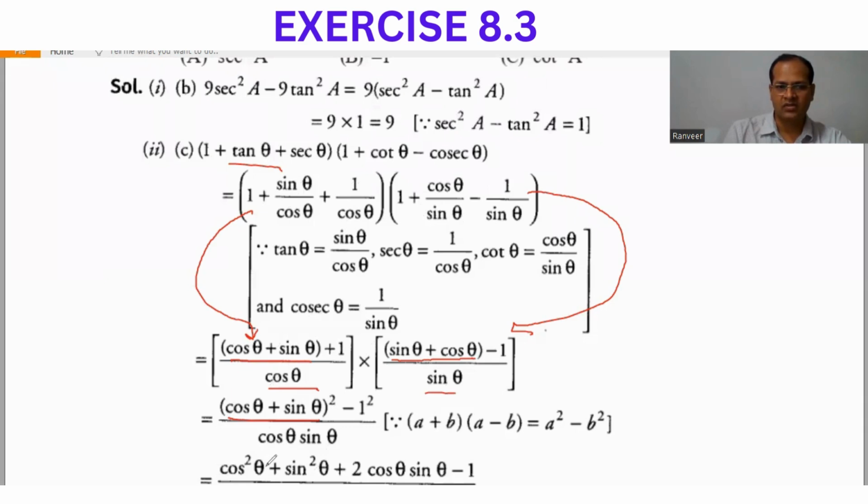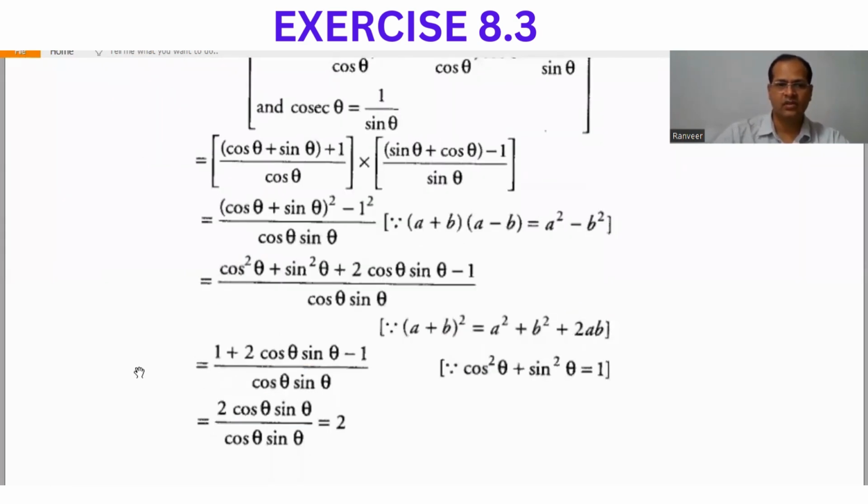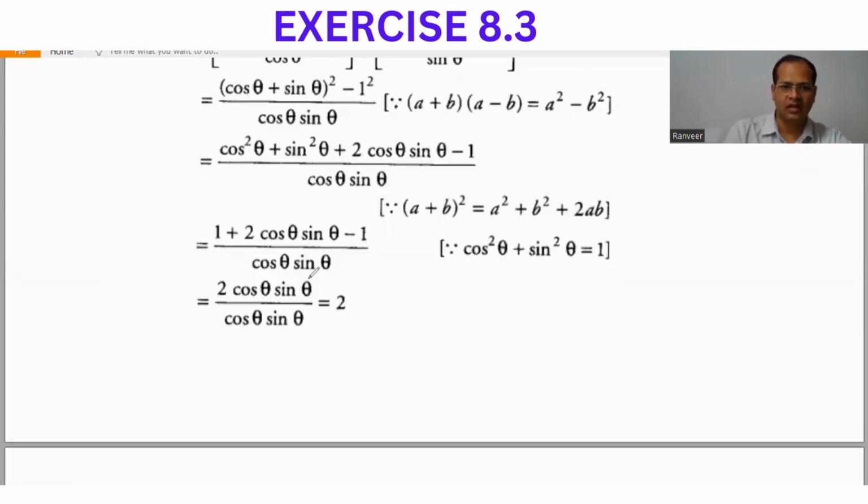Once we solve, cos square theta plus sine square theta plus 2 sine theta cos theta, this is 1, so 1 minus 1 cancels, and in the denominator cos theta sine theta cancels, so the answer is 2.